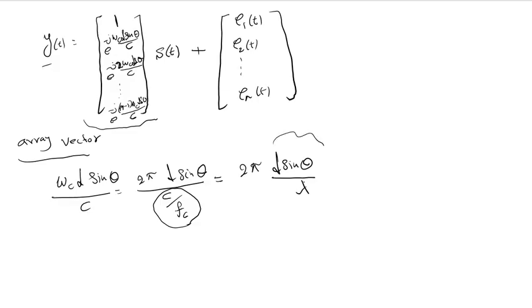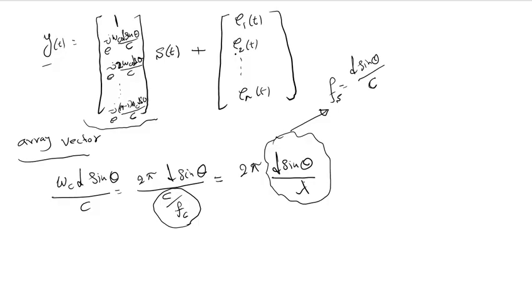Actually, we call this a spatial frequency. We had temporal frequency before in time processing. Now we have a spatial frequency, f_s.